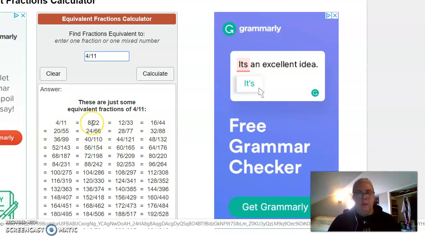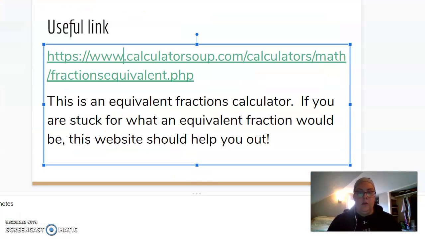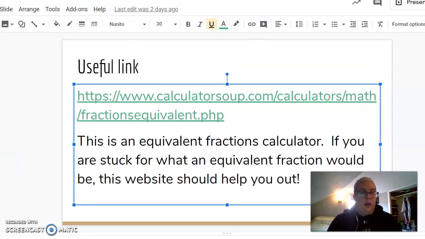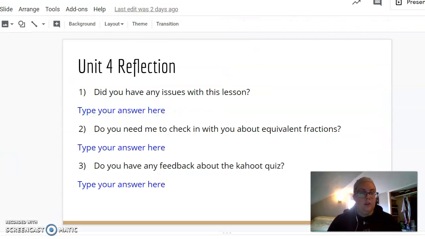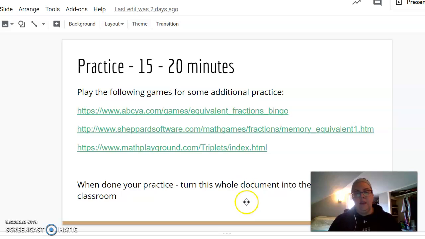So there's 4/11ths, and there's 8/22ths every single time. But this is super helpful, so come back to this. Alright, and then your reflection, and then some practice games. These are always good just to drive the point home.